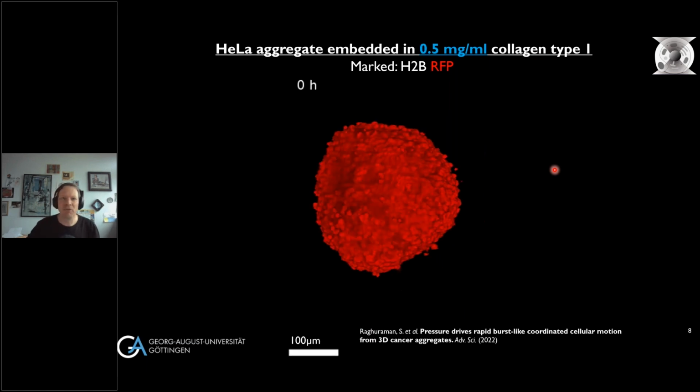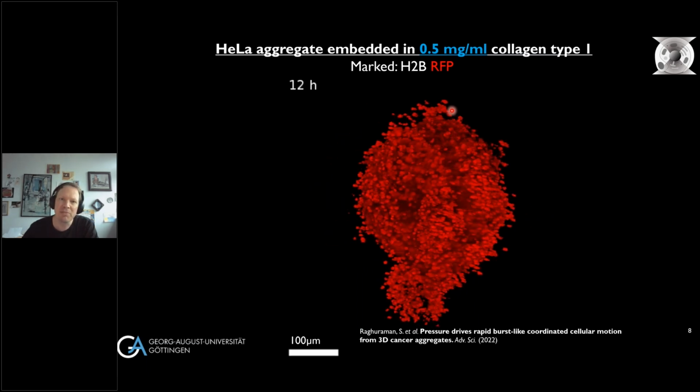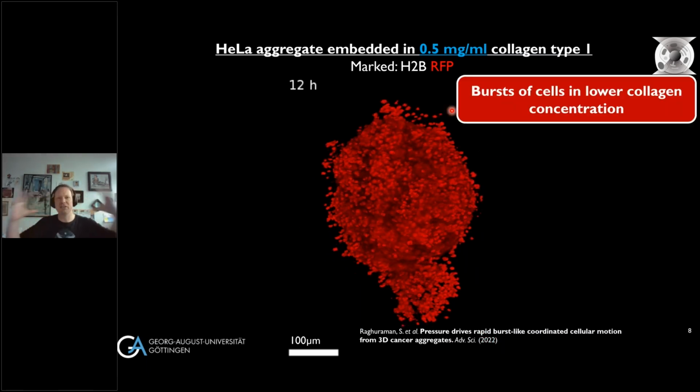So when I start the movie, just recall it's exactly the same situation as before, same cells, same preparation. The only difference is now that we have 5 times less collagen. So we reduce the collagen concentration to 0.5 milligram per milliliter. Now, if we take a look at what happens, the effect is drastic because it's the same time scale, everything is the same as before, but we see almost an explosion-like change in the system.